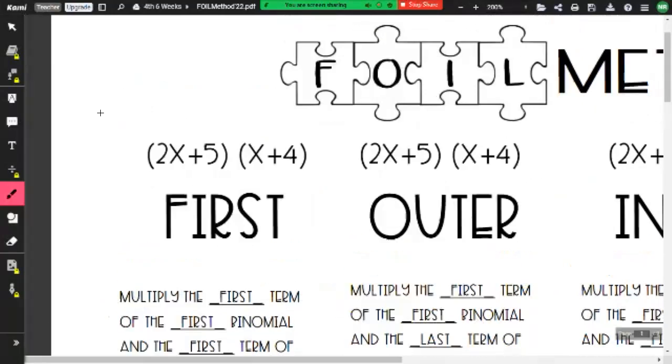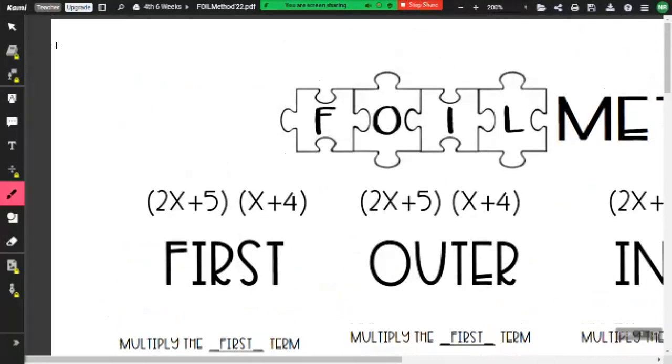What is the first? What is the second? When we're talking about the first and the second, we're talking about the first and the second binomial. The first group of parentheses is my first binomial. The second group of parentheses is my second binomial.